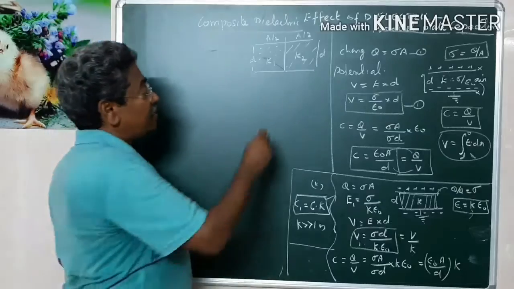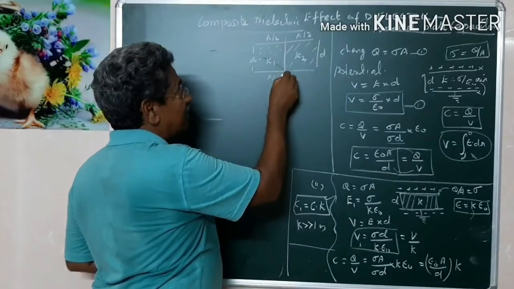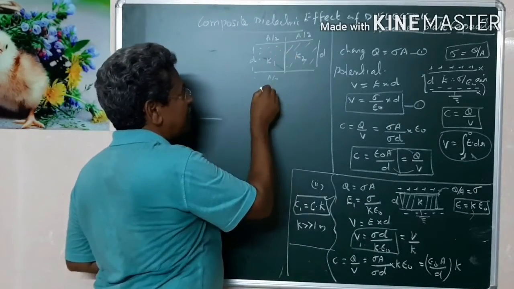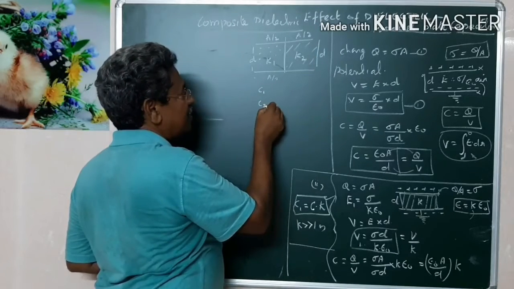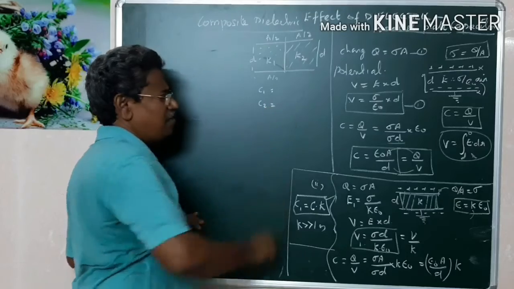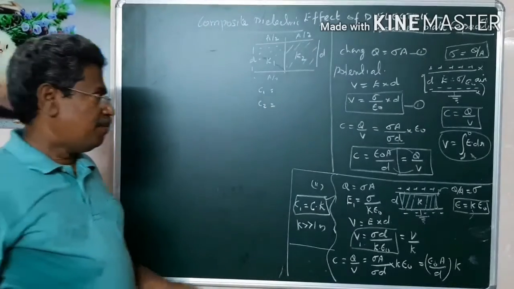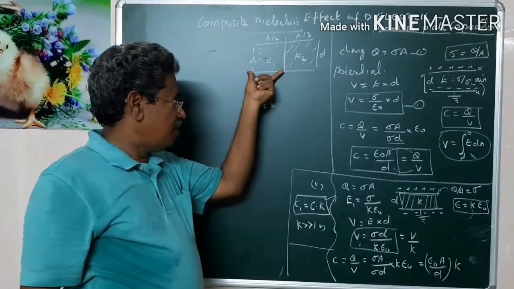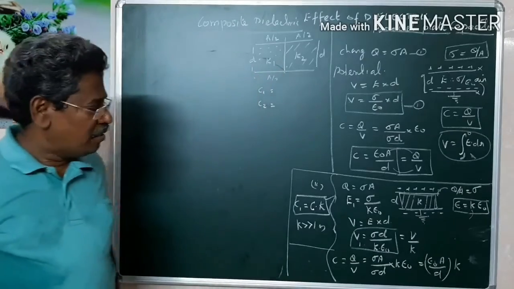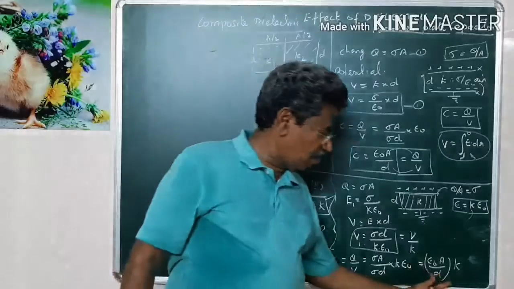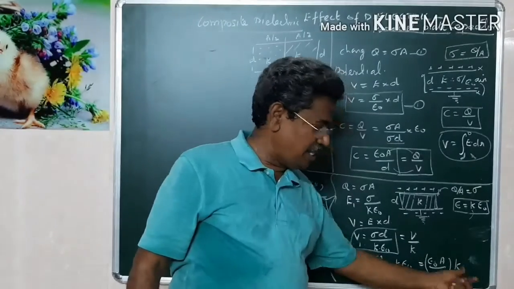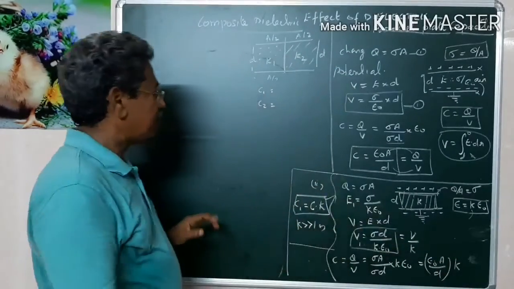Now I can separately consider this as one capacitance, therefore this is C1. And for this we can take another capacitance C2. Even though it is a composite material, first we can find out it is made up of two different types of materials. For this material we can first find out C1. Then C1 for any capacitance with any dielectric material is given by the formula epsilon naught A by D into K. I make use of this formula.